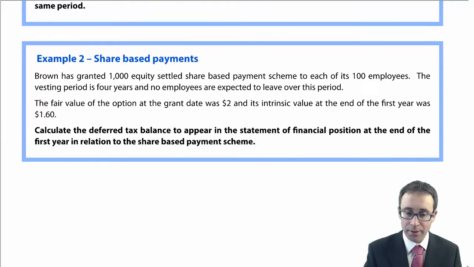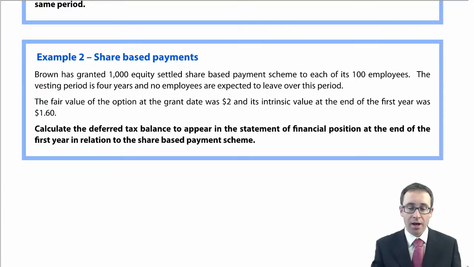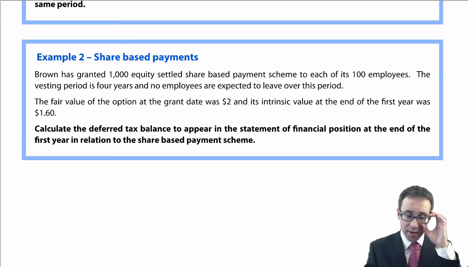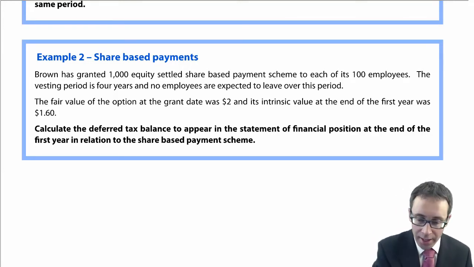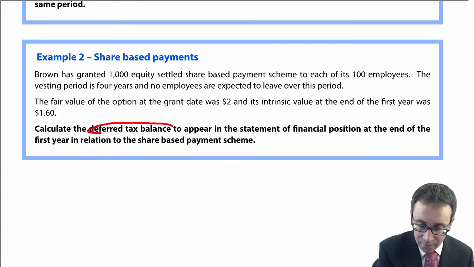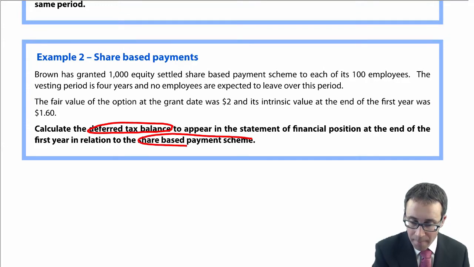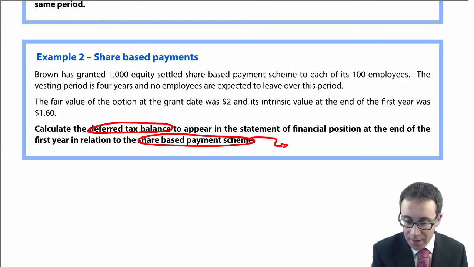It's example number 2 on share-based payments. It says calculate the deferred tax balance to appear in the statement of financial position at the end of the year in relation to the share-based payment scheme. So when you're looking at the deferred tax balance as it is to do with a share-based payment scheme, the key thing that you need to look at there is the intrinsic value, isn't it?